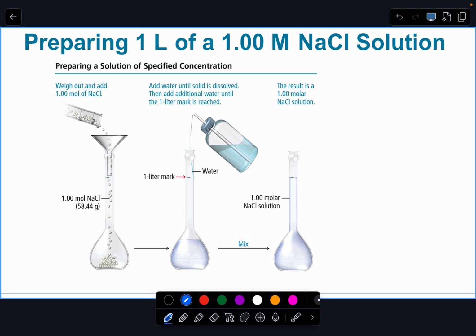I know that seems like a minute thing, but when you're doing chemistry and you need to know precisely how many moles you have of something, you have to do it this precisely. You have to make sure that the total volume is 1 liter, not that it was 1 liter of water and then that's solid, okay? Because that solid adds some volume.